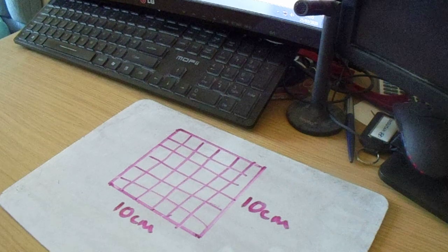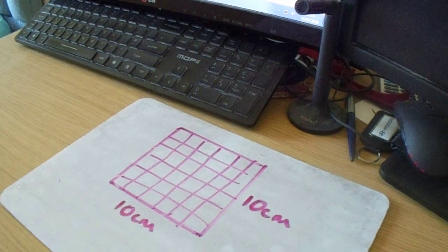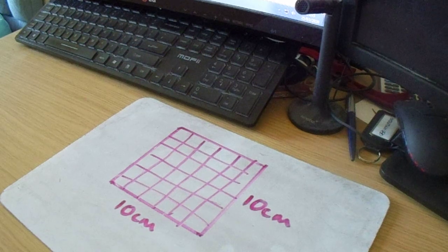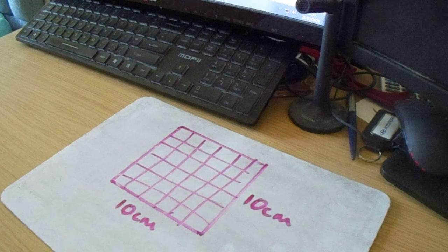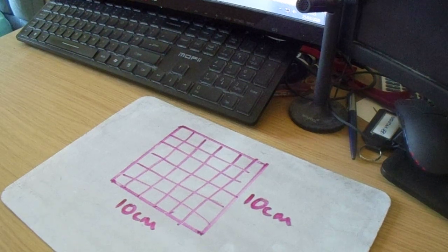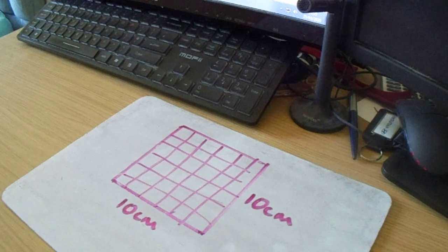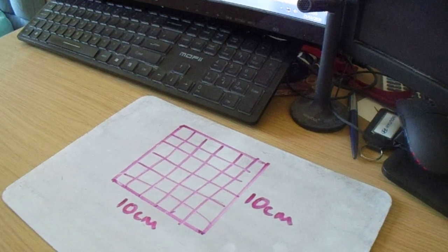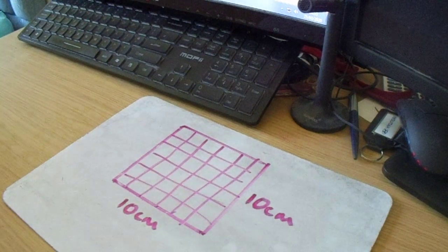Now, I haven't obviously split that into 10 by 10, but you can imagine, and you could go along in your own maths book, drawing a 10 by 10 square and counting how many squares there are in total in the middle. That would give us an answer of how many squared centimetres, or the area there is inside of this shape.